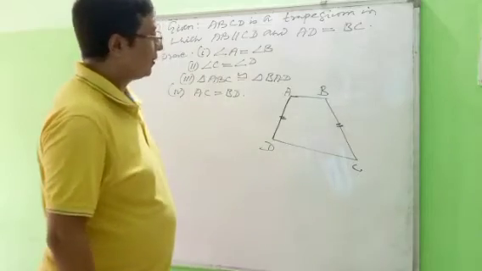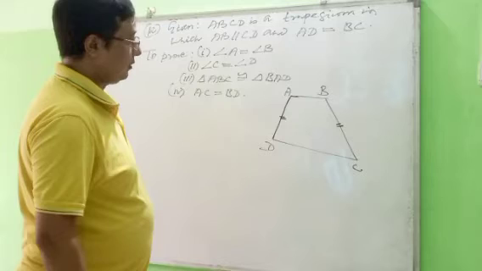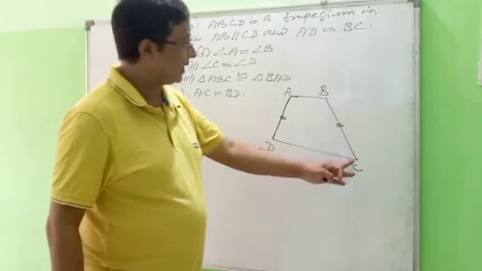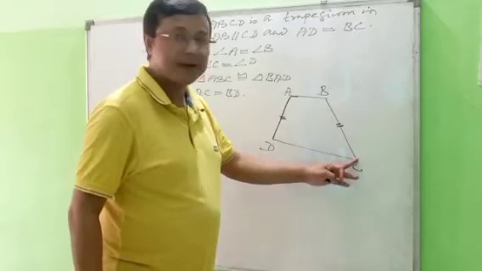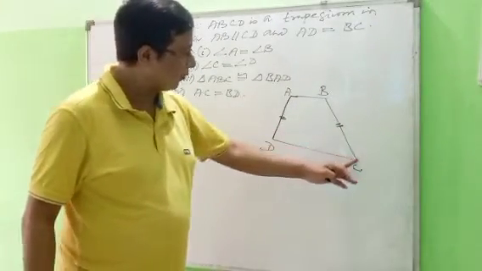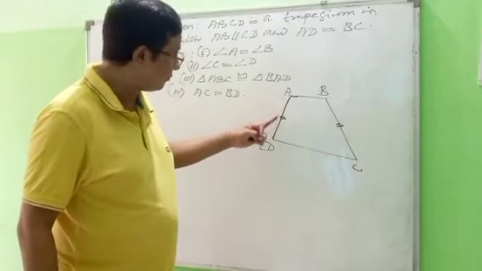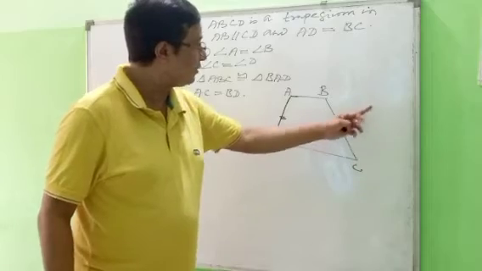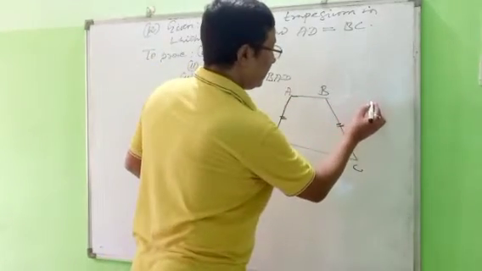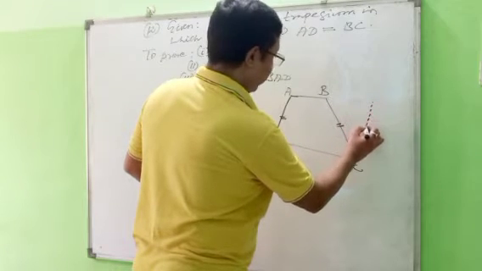Here, what you will do is construction. First, through this point C, we will draw a line parallel to AD. Through this point C, you will draw a line that will be parallel to AD, such that the line will meet AB produced. So through C, you have drawn a line parallel to AD.